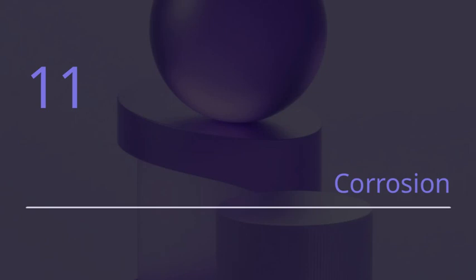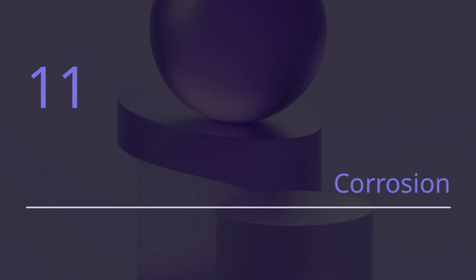Let's talk about corrosion. Corrosion is essentially the deterioration of materials, usually metals, due to chemical reactions with their environment. It's a natural process, but it can lead to serious problems like structural failures and costly repairs. When metals like iron or steel are exposed to moisture and oxygen, they form rust, which weakens the material over time.